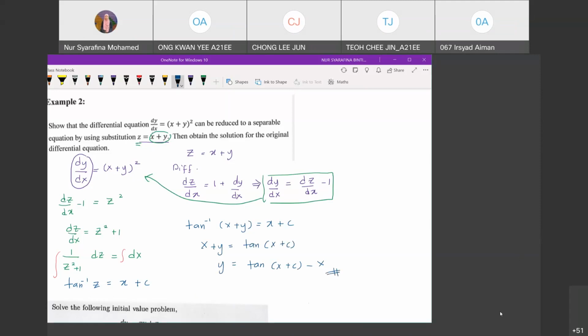So this is how you solve the non-separable differential equation and then reduce it to a separable equation by using the substitution here. And once you can separate, you can find the solution. And again, you need to substitute back the original variable. That is how you do it. Okay, clear?